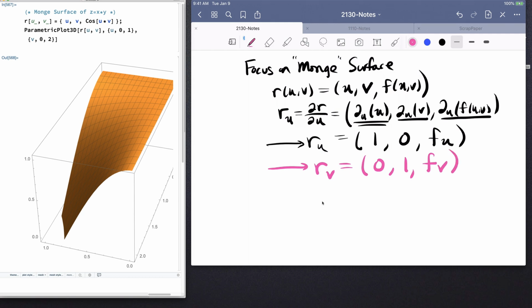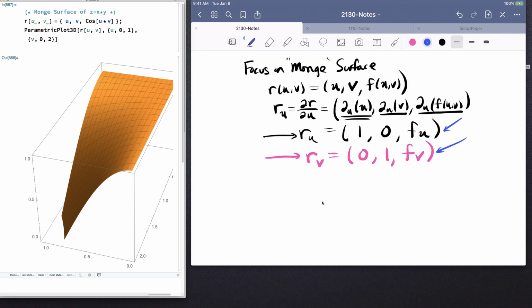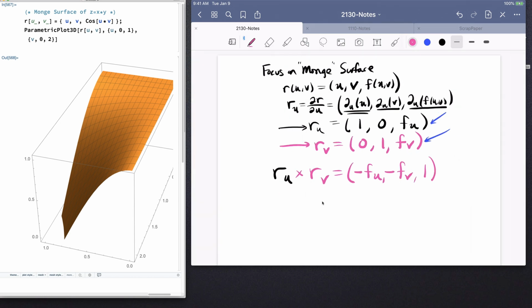Now we can see here that these are two vectors that we've probably seen before in the past. If you were to take the cross product of these two vectors, what you'll find that you get is minus the partial derivative of f with respect to u, minus the partial derivative of f with respect to v, and then you'll get 1.